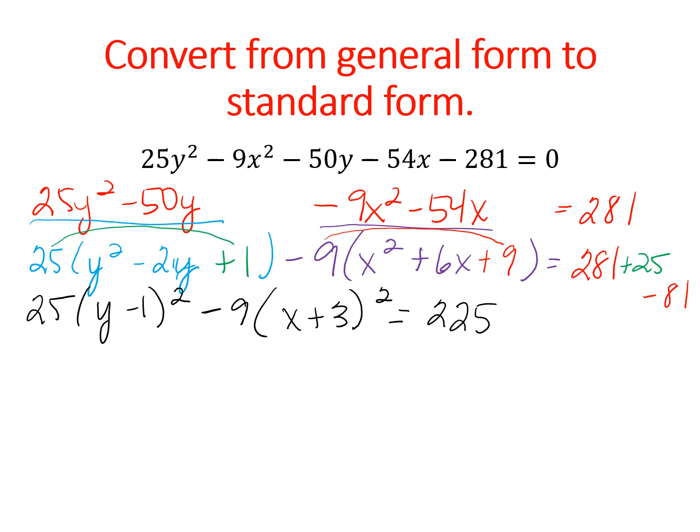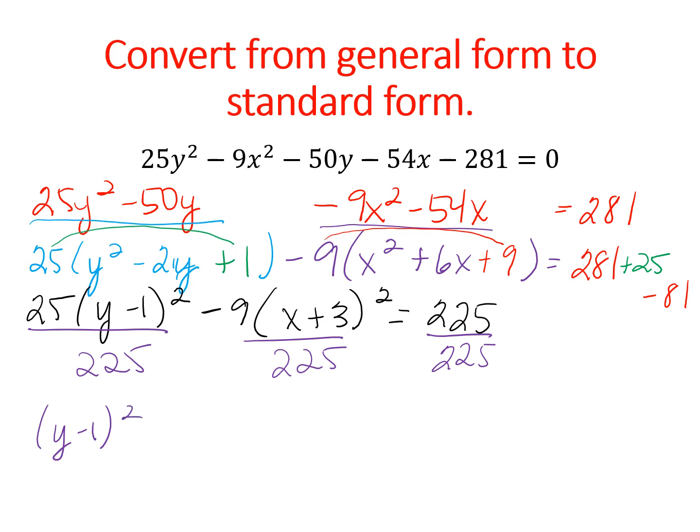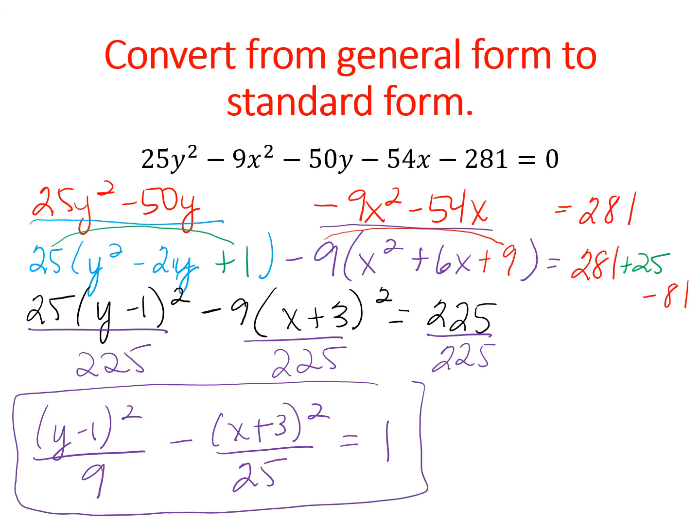But remember, to put in standard form, hyperbolas and ellipses have to equal 1. So we've got to divide every term by 225. And then if we simplify those fractions, we have y minus 1 squared over 9 minus x plus 3 squared over 25 equals 1. And so we took that hyperbola that was in general form and changed it to standard form.